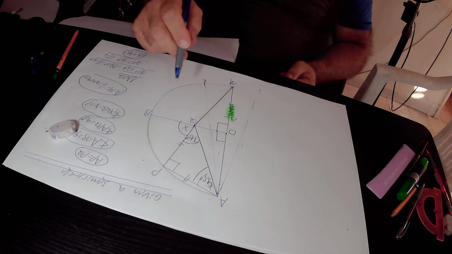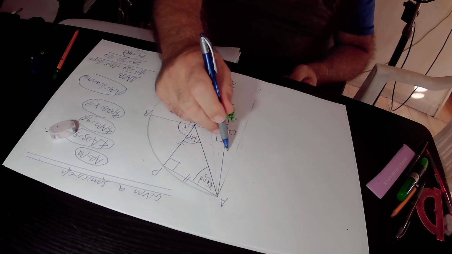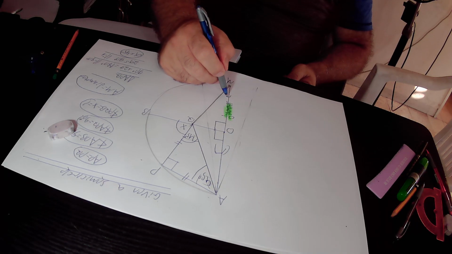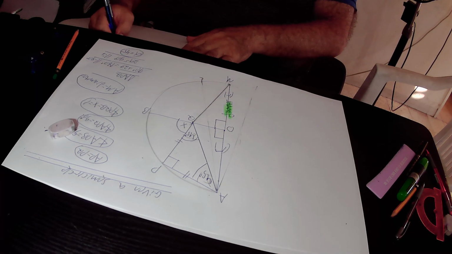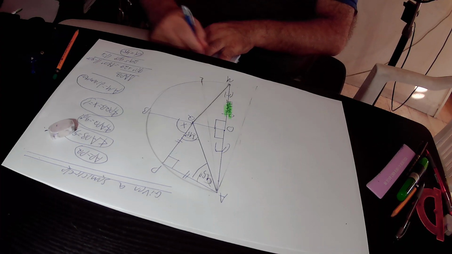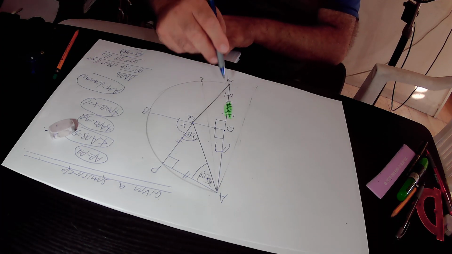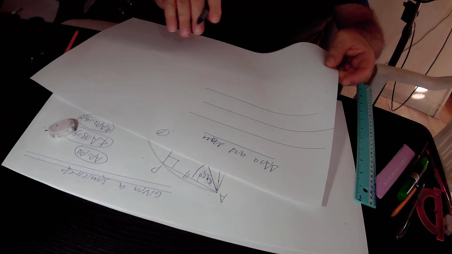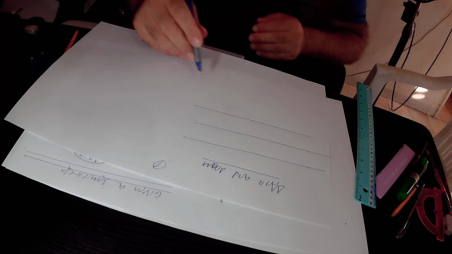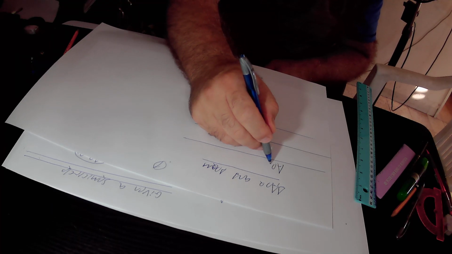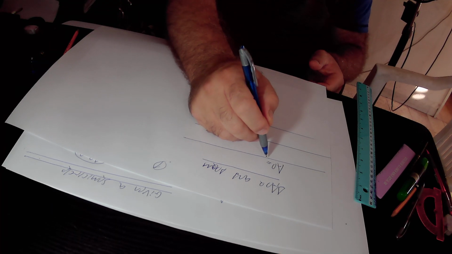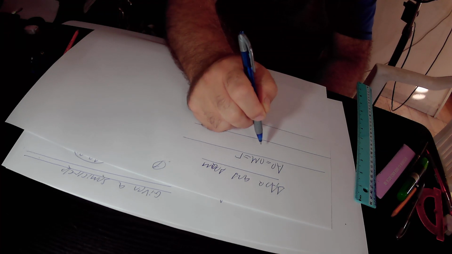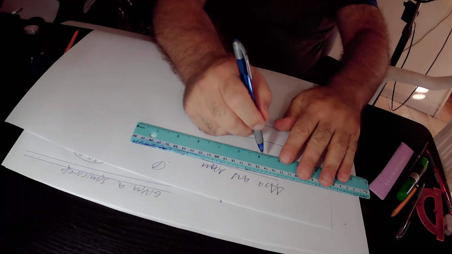So if we define the radius of this semicircle as R, then AO equals R, and OM is also equal to R. They are both the radius of the semicircle, therefore they are equal to each other.